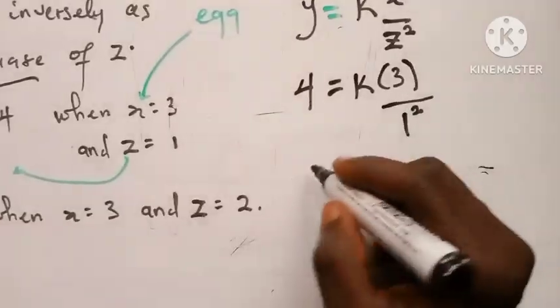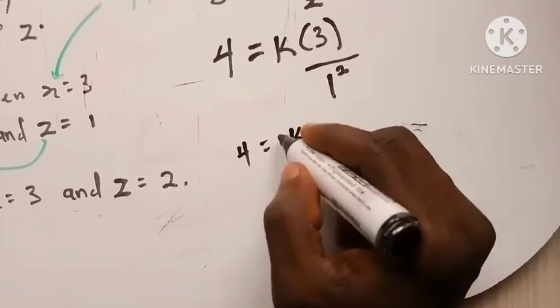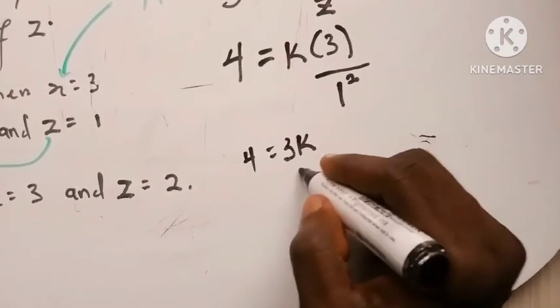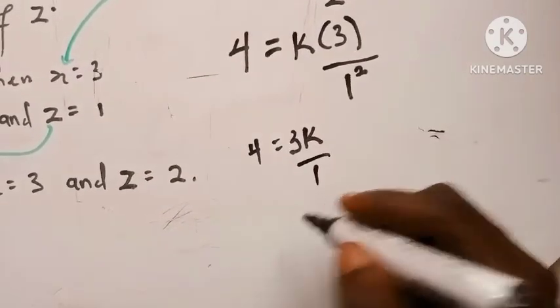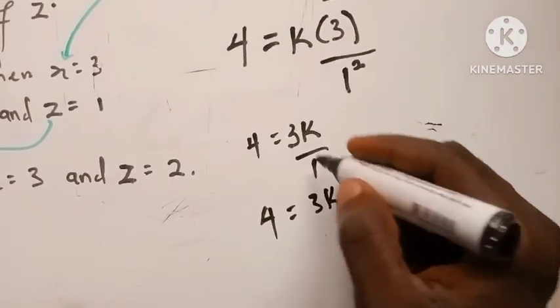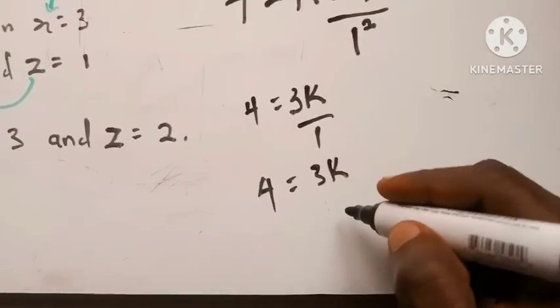So here we can easily solve this. We have 4 equal to k. So here the numbers always come to the front, right? So 3k, and then divided by 1 square is just 1. So we have 4 is equal to 3k, because this divided by this is still 3k. So what will be the value of k?